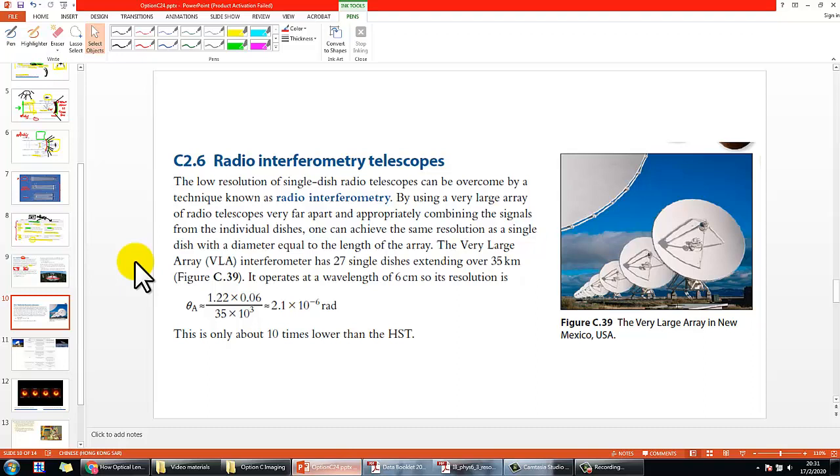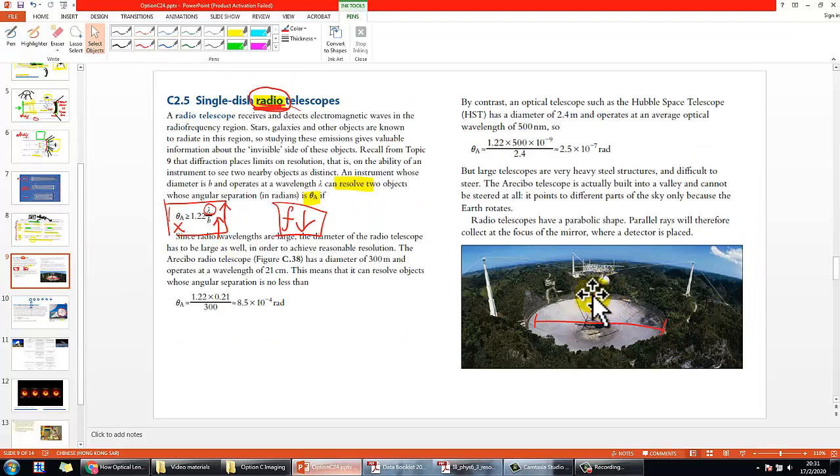The next one, as I said, is basically an array. Array means many, like forming a certain pattern. All right, this is an array of telescopes, and the basic idea is, since we cannot build one single dish, the biggest you can build is probably about this big, or a little bit bigger.